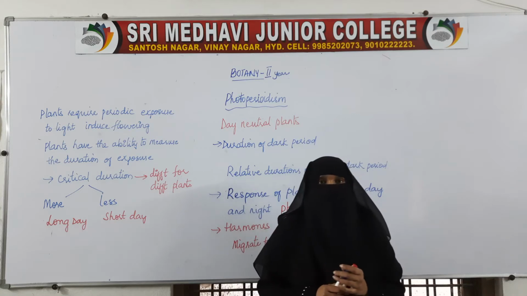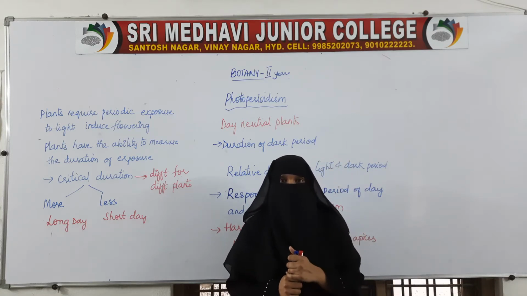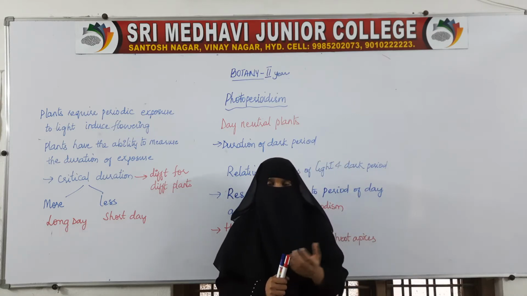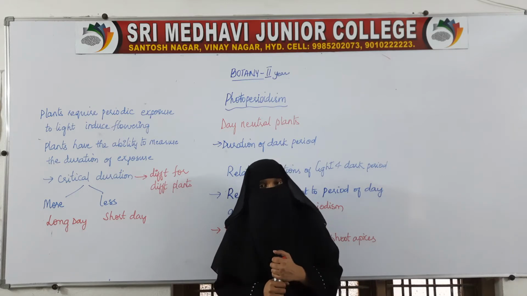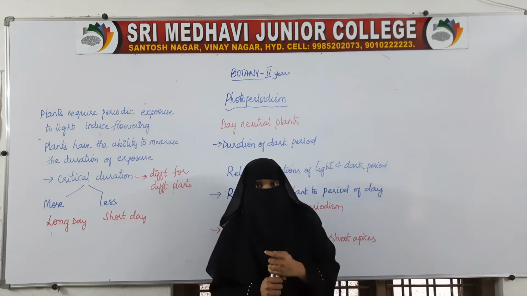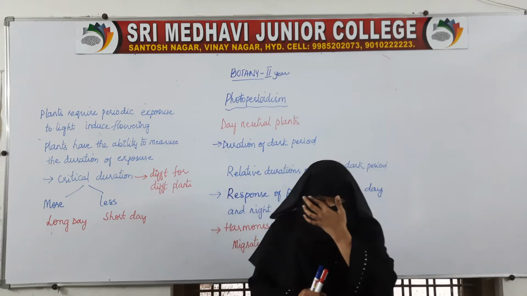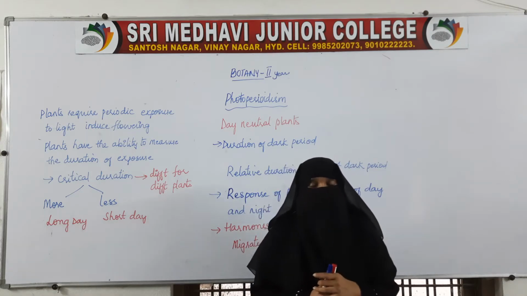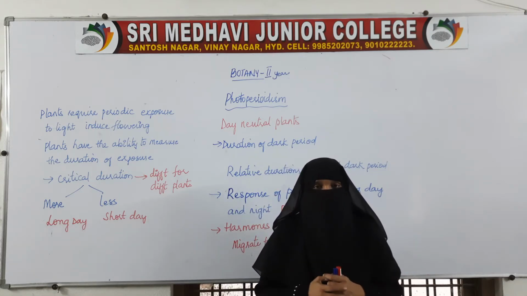And we have seen external conditions, how temperature and moisture help in the germination of seed, and how in the absence of those things the seed will go under seed dormancy.